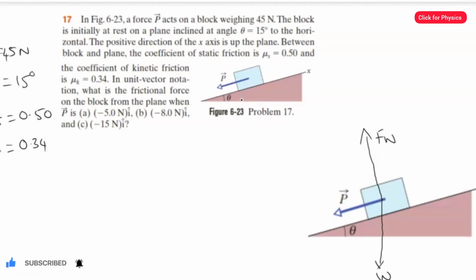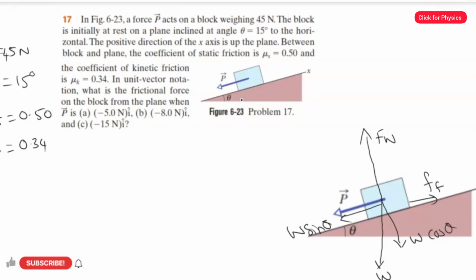This force due to gravity, W, has two components: a cosine component, W cosine theta, and a sine component, W sine theta. And in this direction, you have a frictional force. So this is the free body diagram.